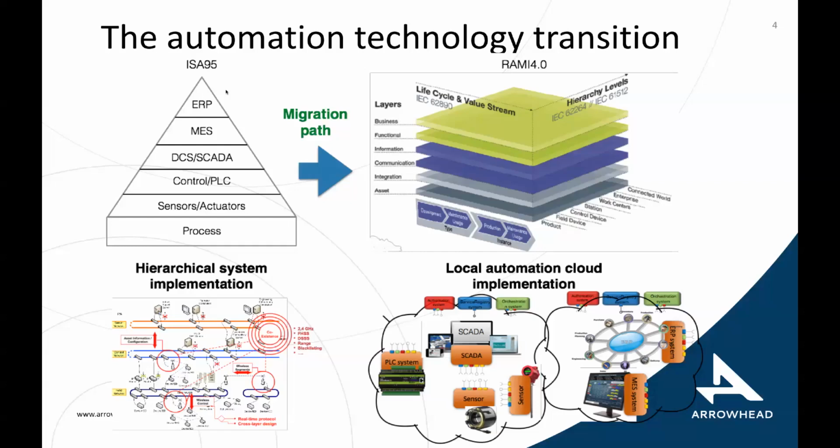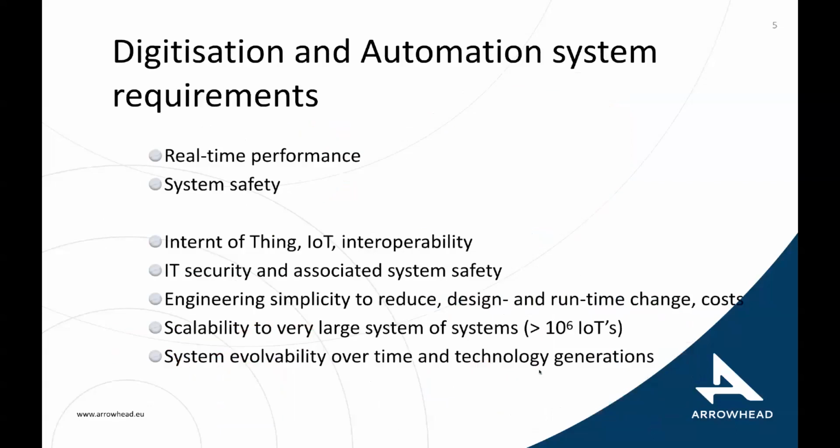You've seen this before. So we are moving here from the existing implementations, lower left, to implementations on the lower right. And in this case, we talk about local automation cloud implementations. And we have the requirements of real-time, safety, security, scalability, and so on.